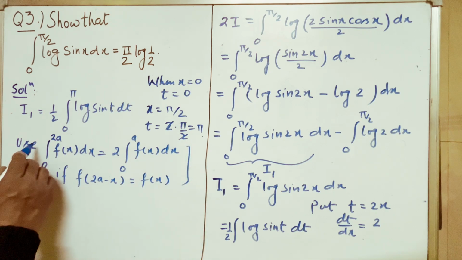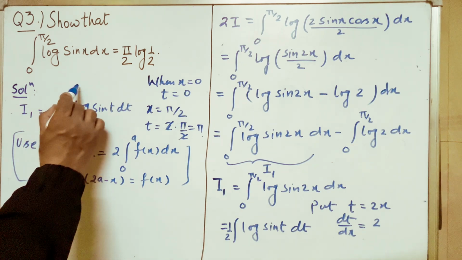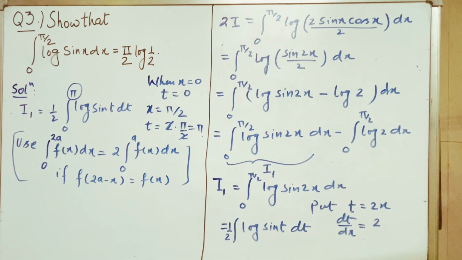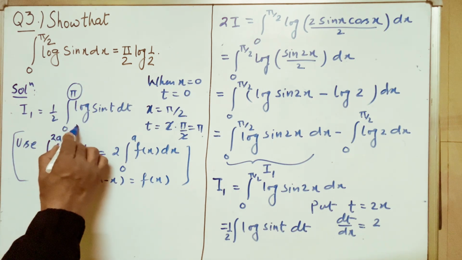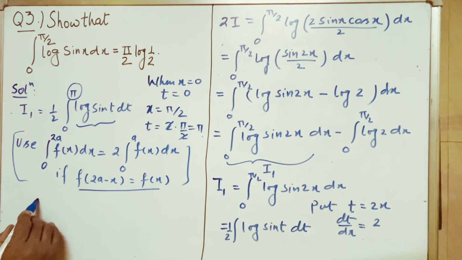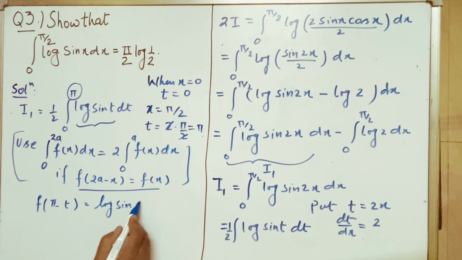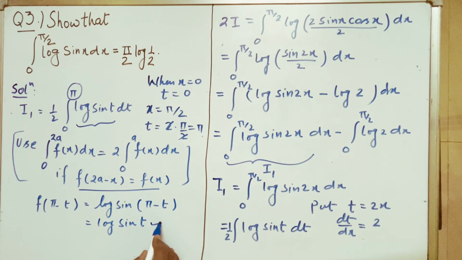So we'll apply this property here. In our case, 2a is pi. So first we should check whether our function is verifying this condition or not. So let us see f of pi minus t, that is log sine of pi minus t. It becomes log sine t. So it's verifying the property.